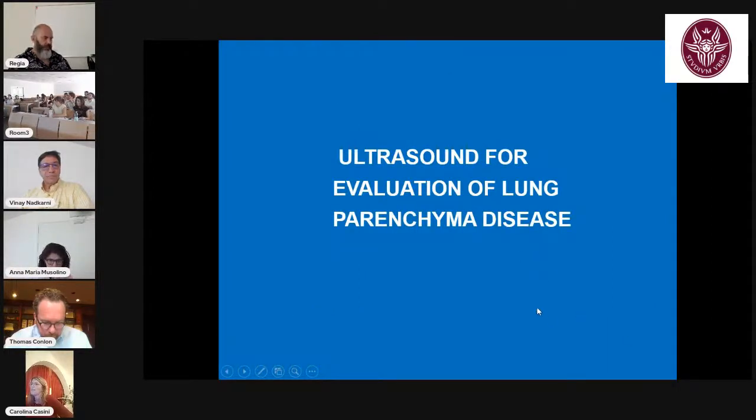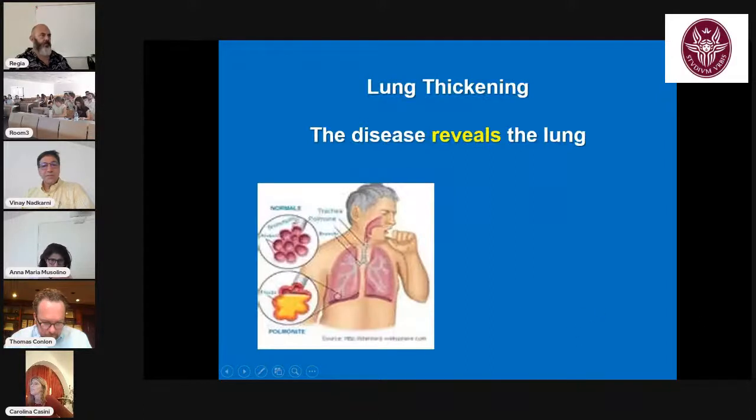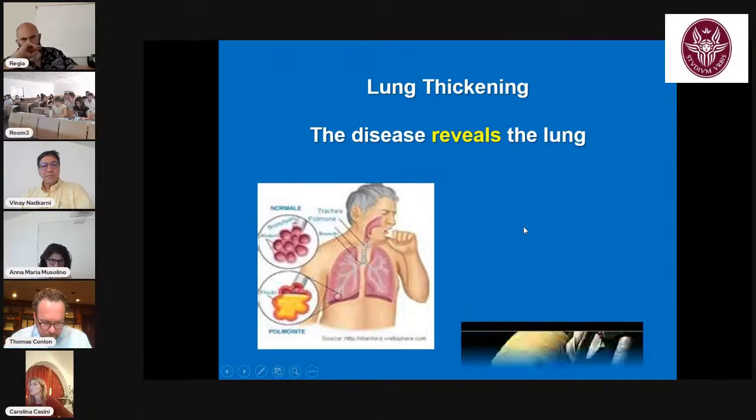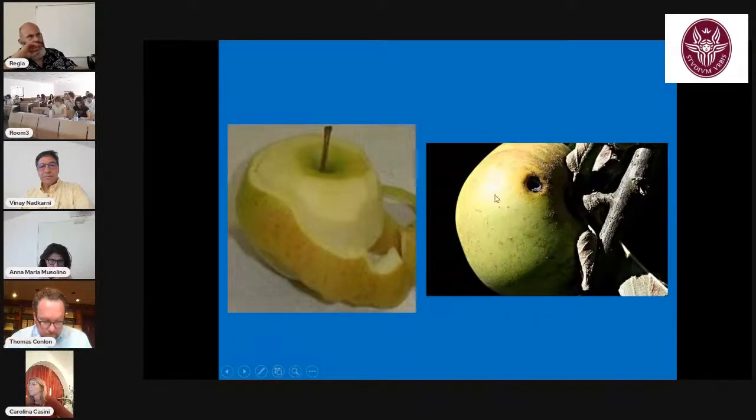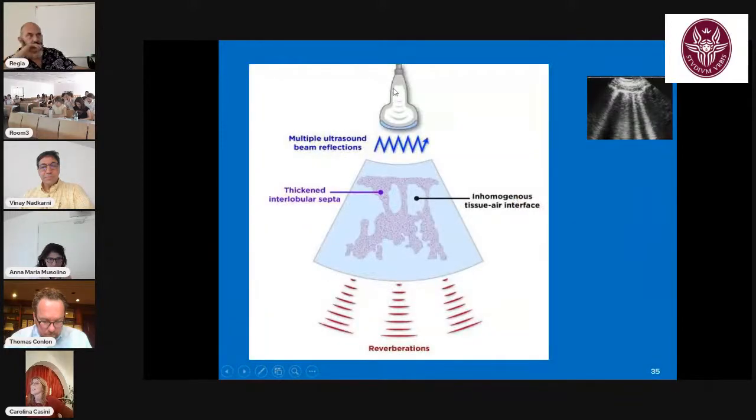What happens in lung parenchyma disease? In the thickening consolidation, the disease, as we told before, reveals the lung. It's like an apple. What is down comes up and discovers what there is in the deep region. Then the probe is placed on the chest, and there are multiple ultrasound beam reflections, and we can see the parenchyma down the probe.